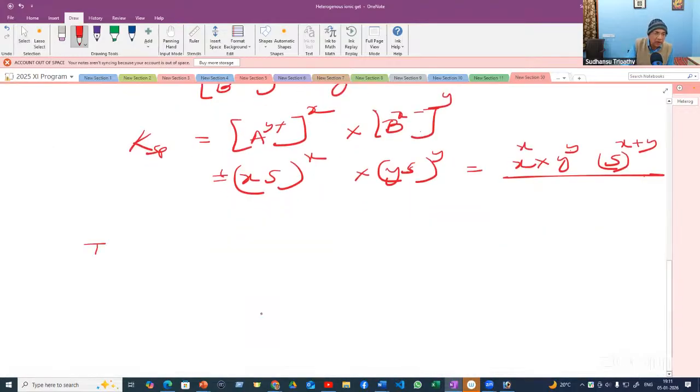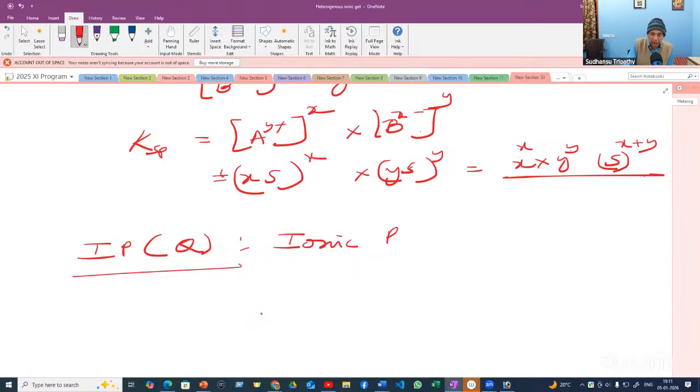And there is a term called IP or Q, the ionic product or the reaction quotient. The ionic product term is very, very popular. The expression is similar to Ksp, but the concentrations are in non-equilibrium conditions.